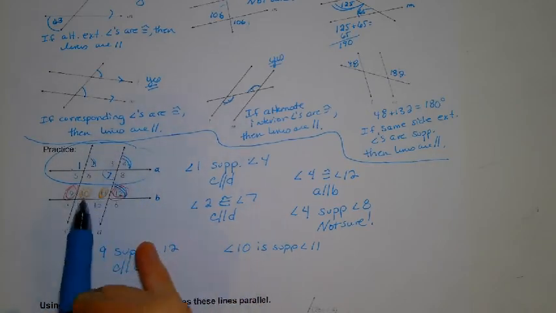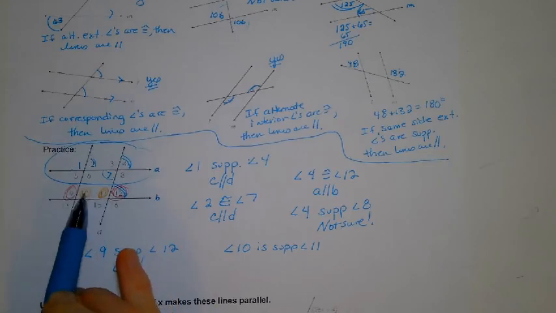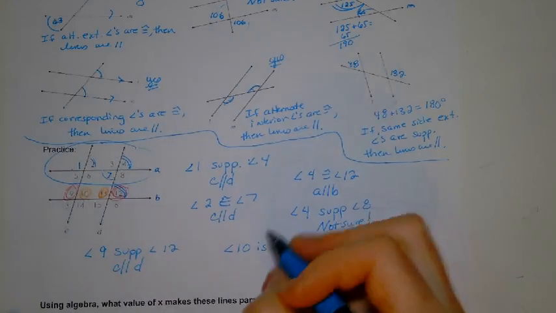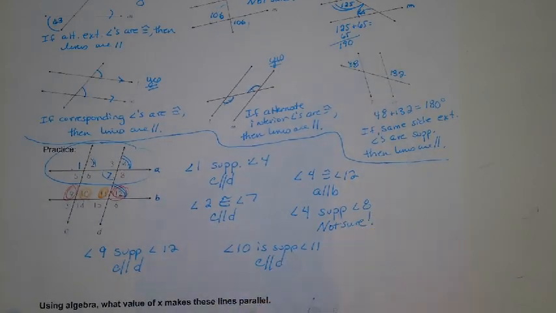They're supplementary, so that means that line C is parallel to line D. Because we know that if lines are parallel, consecutive interior angles are supplementary, so the converse is true. If these two angles are supplementary, then these lines are parallel.